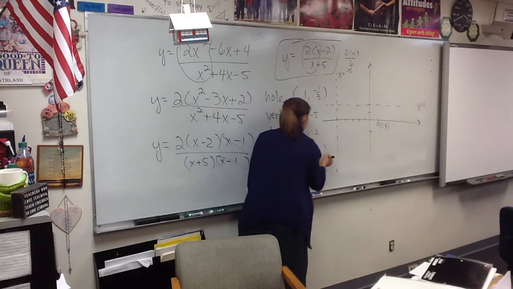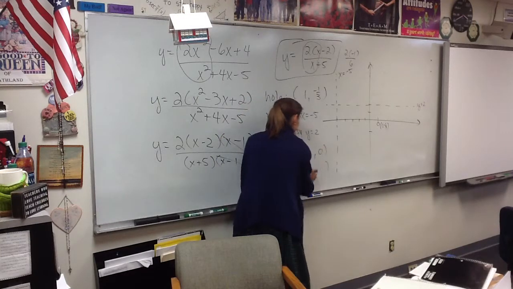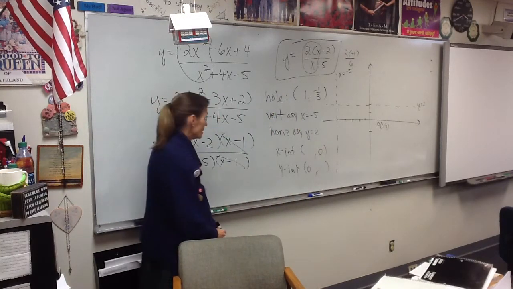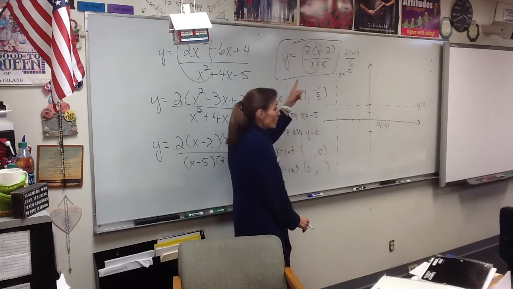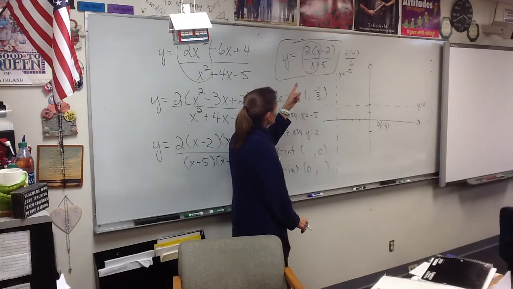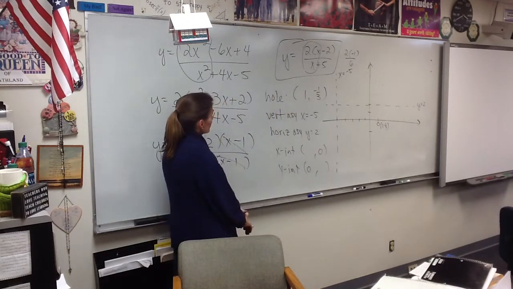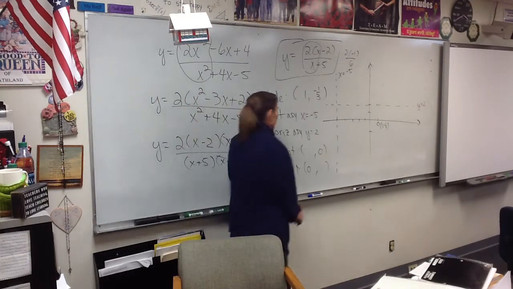The intercepts are points where something is 0, right? So if I put 0 in for x, what do I get? -4/5.